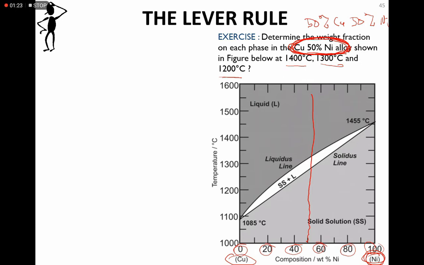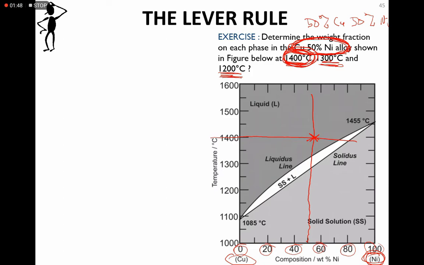Next, you need to consider the temperature. There are three temperatures here, so please solve one by one. For example, I choose 1400 degrees Celsius. At 1400 degrees Celsius, make a straight line and then you can get this region.